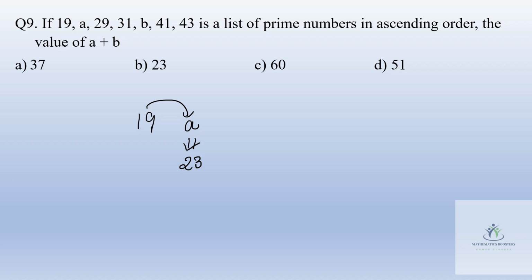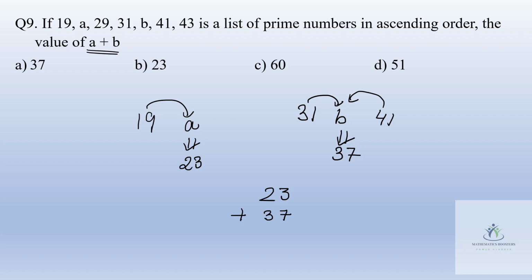Then we have 29, 31, and after 31 and before 41 we have 37. You need to find the value of A plus B. 23 plus 37, the answer is 60.